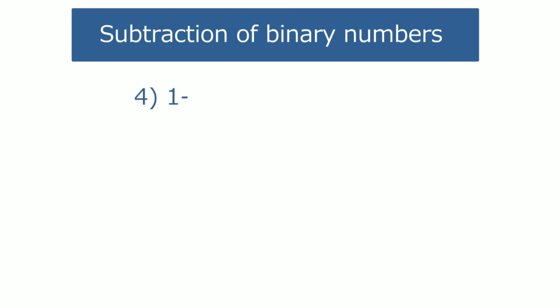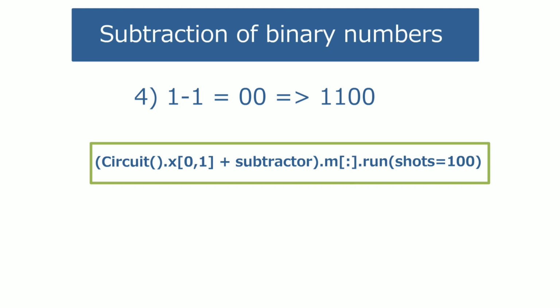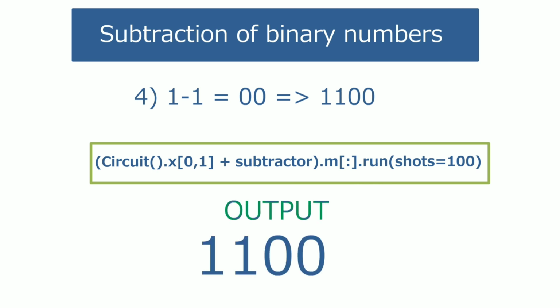Number 4. 1 minus 1 equals 0, 0 equals greater than 1, 1, 0, 0. And following is the code for it. Circuit x0, 1, plus subtractor M dot run, shots equals 100. When you implement the code, you get the result as 1100.